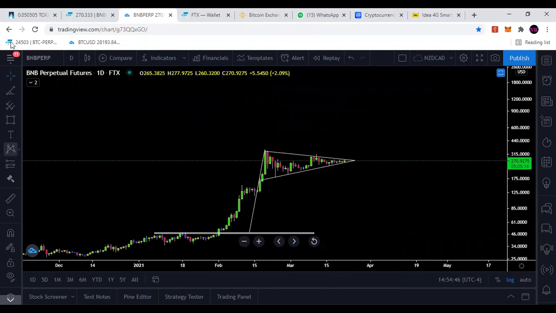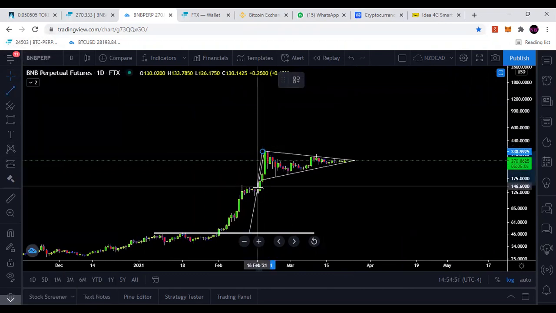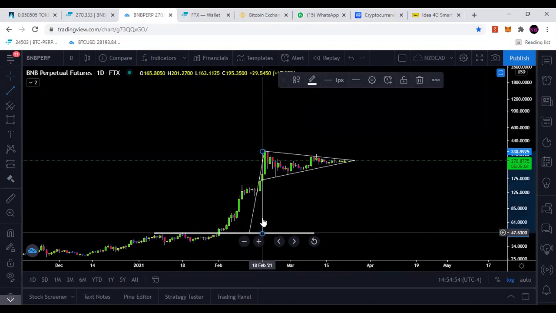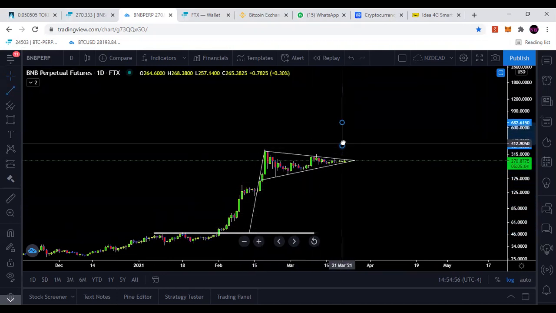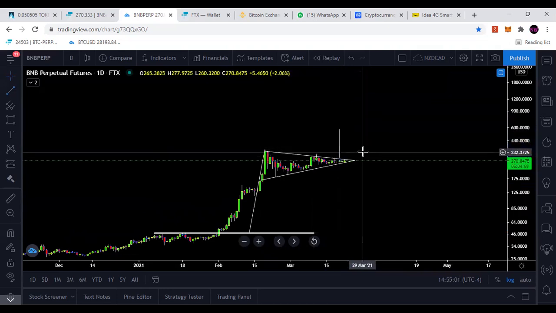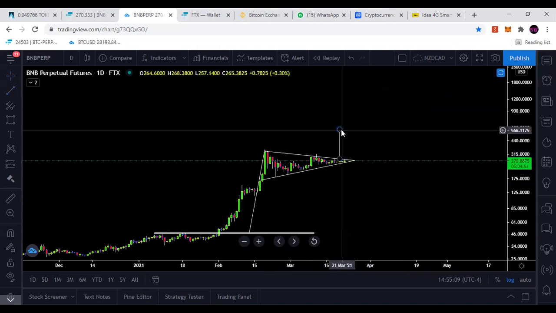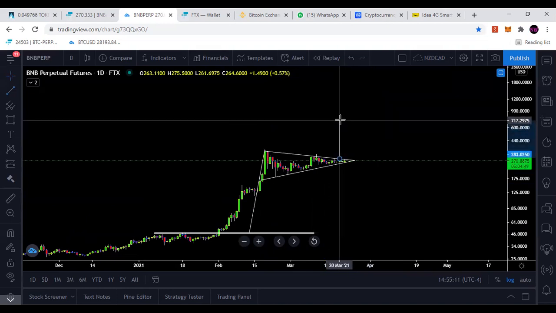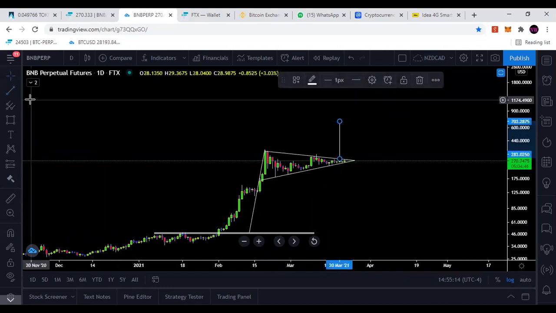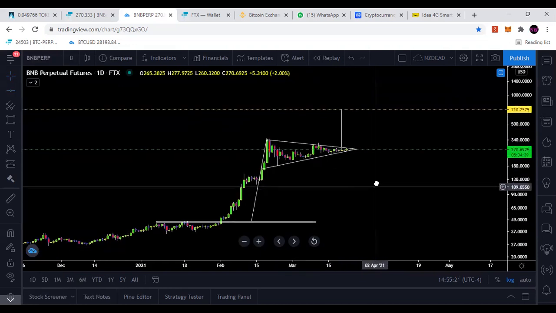Let me use the trend line from here, then we'll gradually move this to this level here, and we have our target. We can extend this a little bit. So we have our target here, and we're looking at this major target here.